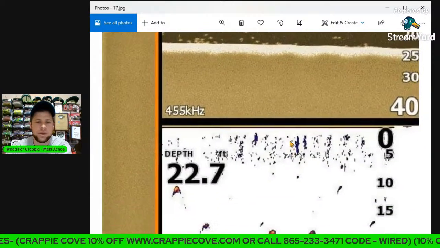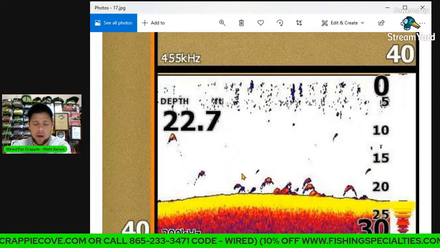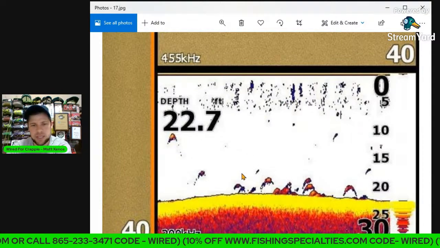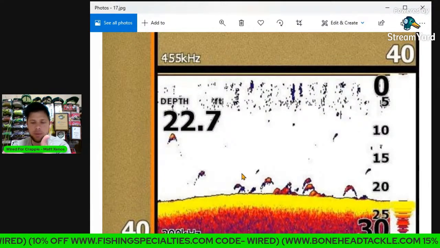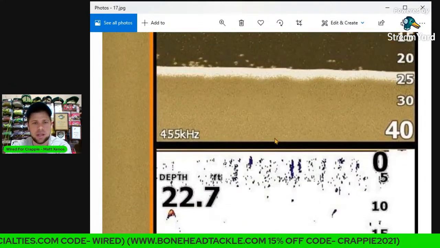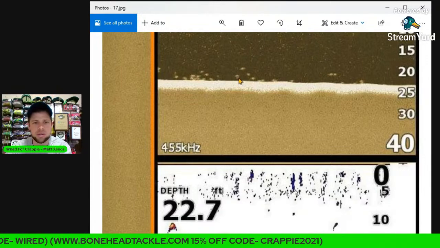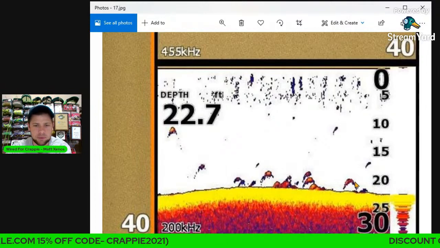So that's one of the reasons I don't run standard sonar, because you lose a lot. You don't have the definition. You don't have the same returns. You don't have the separation, if you will, between bottom and fish. And with down imaging, you get a lot crisper, cleaner picture where you don't have as much guesswork to do. Okay.